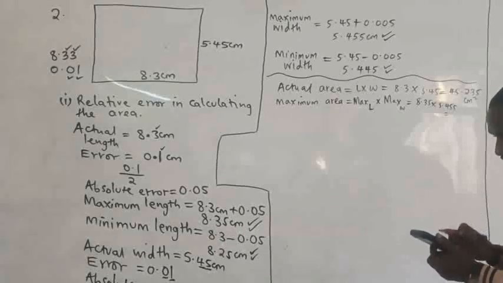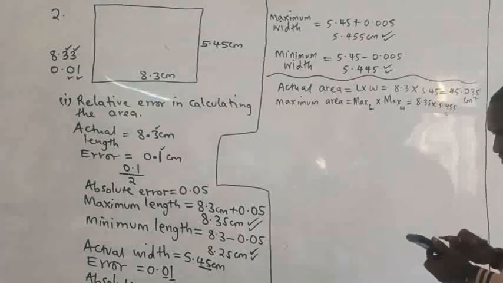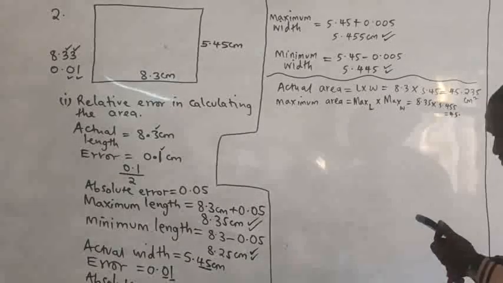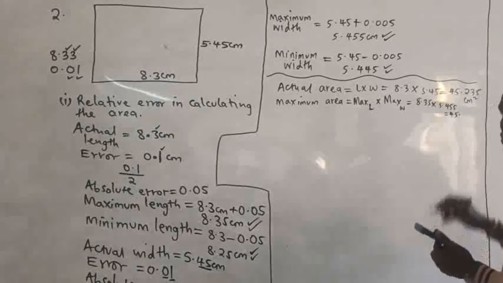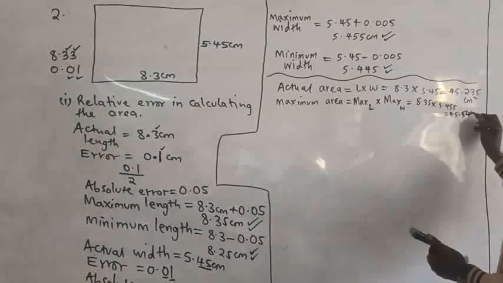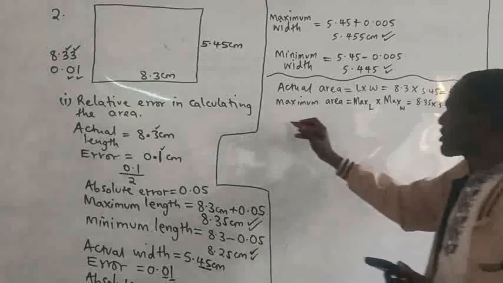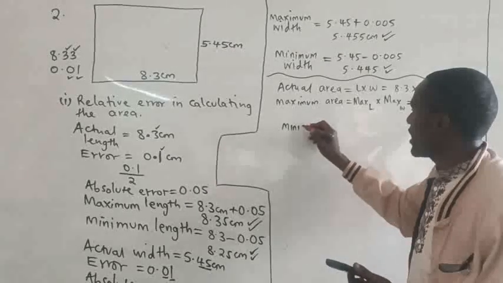So 8.35 times 5.455 gives us 45.54925 centimeters squared.